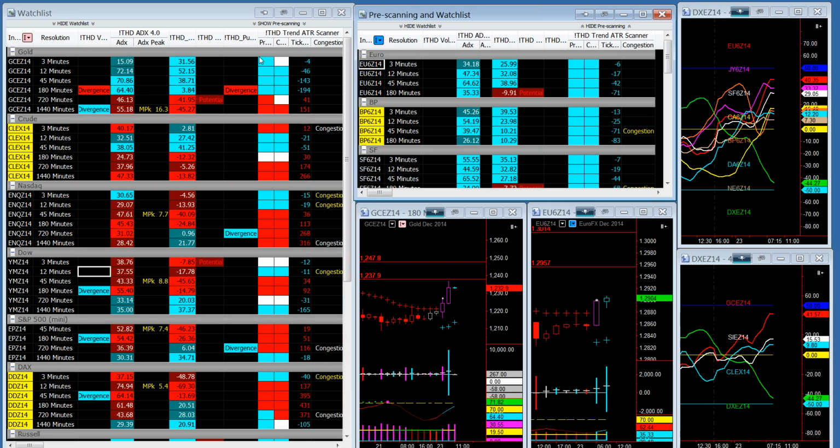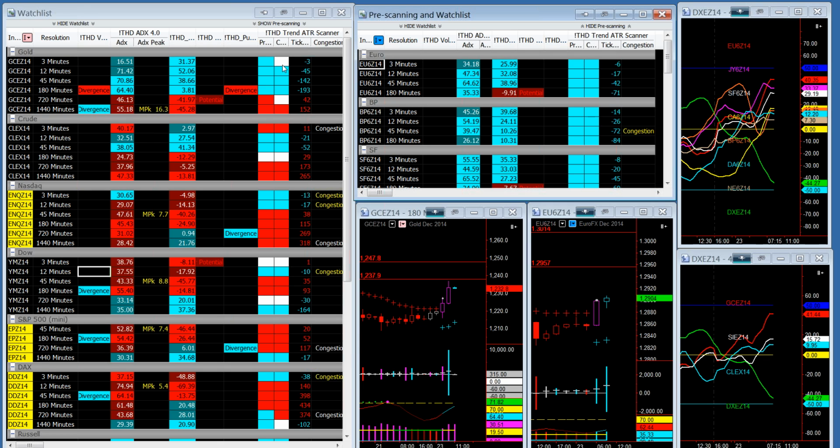Now, the next column that we have is the THD Trend ATR. This is a really, really powerful scanner and radar screen tool. Number one, it tells you what the previous bar trend is. Then it tells you what the current bar trend is. It also tells you how far price is from the ATR. Why is that important?